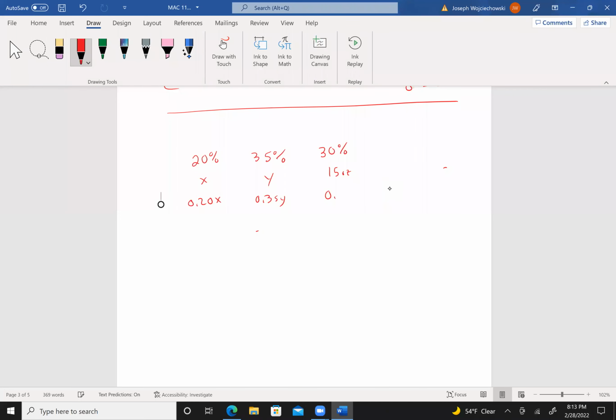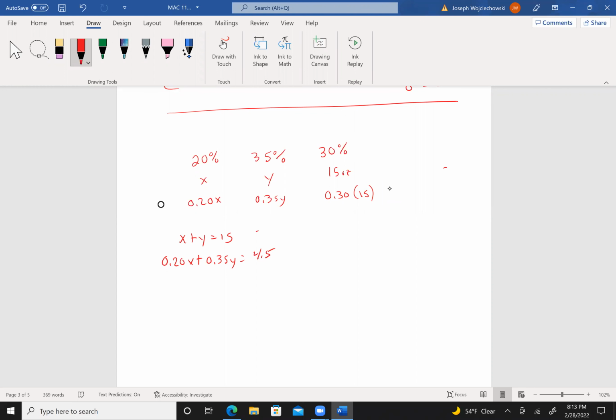This is 0.30 times 15. That was where the mistake was. So my equations are x plus y equals 15 and 0.20x plus 0.35y equals 0.3 times 15, 4.5. That's where the error was.